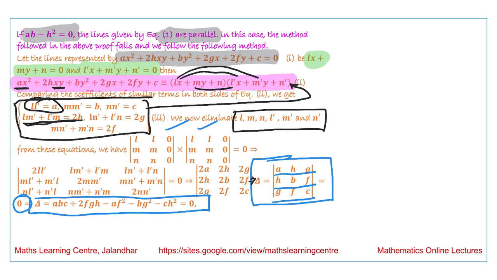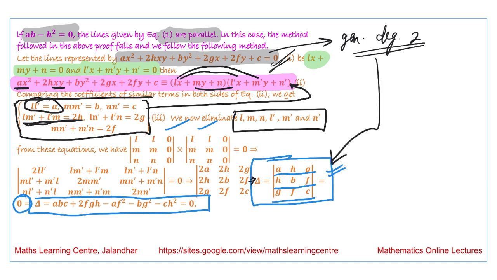So the condition is the same in this case also. So the final condition we have obtained is that if a general equation of degree 2 is given, then it will represent a pair of straight lines if this determinant delta is equal to 0.